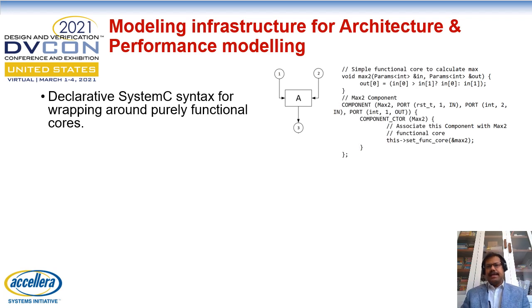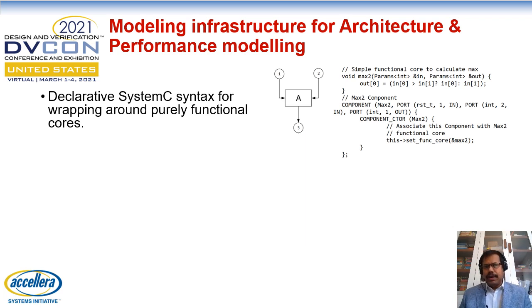If you look at the diagram on the right, we have a box which has a computational unit called A. There are two inputs, 1 and 2, and it generates an output 3. Let's assume A is just max2, the max of two input numbers, and it generates the max of those two in the output.